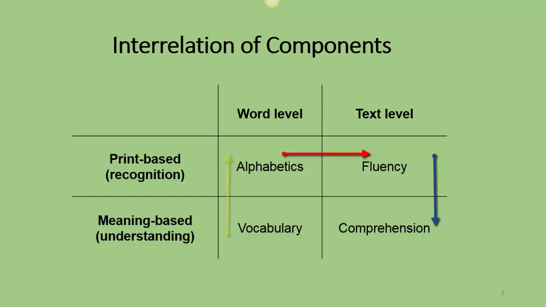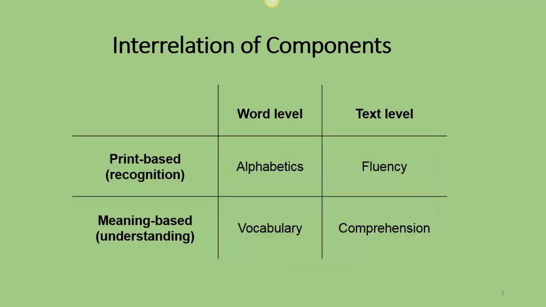And vocabulary affects alphabetics because you need to be familiar with the word in order to be able to read it correctly. And vocabulary affects comprehension because if you do not know the meaning of a word, you won't be able to understand what you are reading.